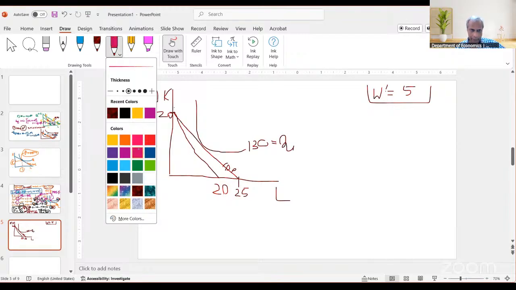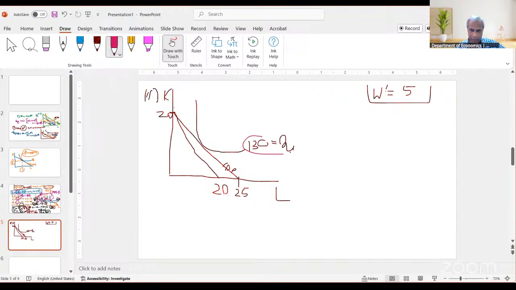Now the producers can't produce 130 as originally. At the optimal level, they can produce somewhere here, on the lower ISO quant curve.